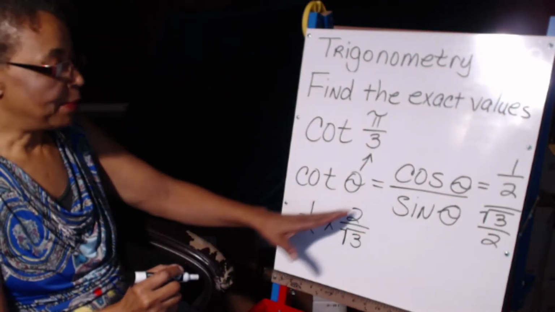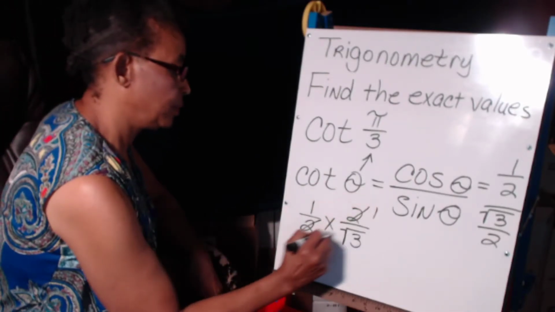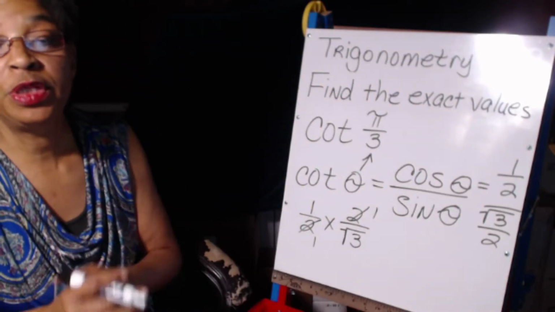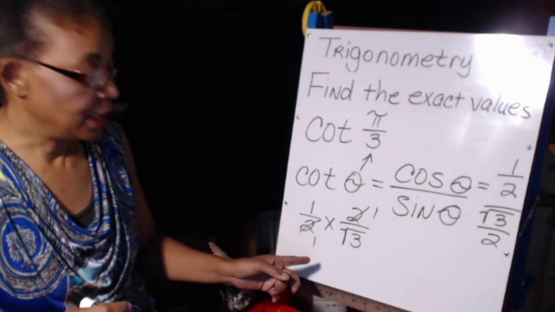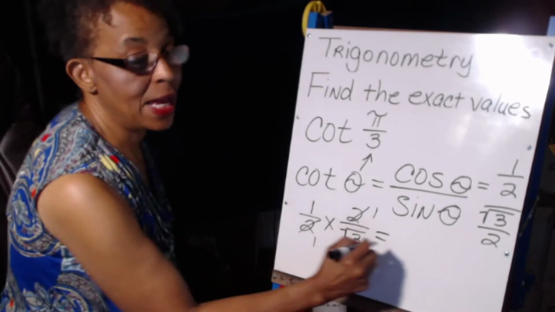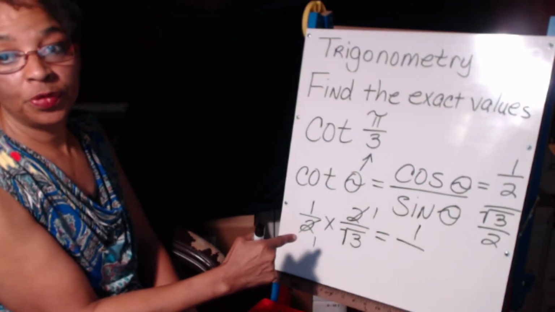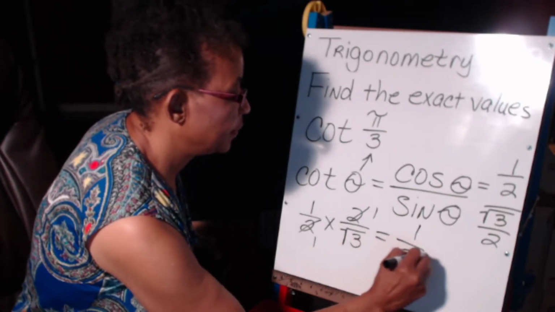Notice that I'm in a position where the 2's cancel, or simply we divide both by 2, and that gives us 1 for both of those. So 1 times 1 is 1.